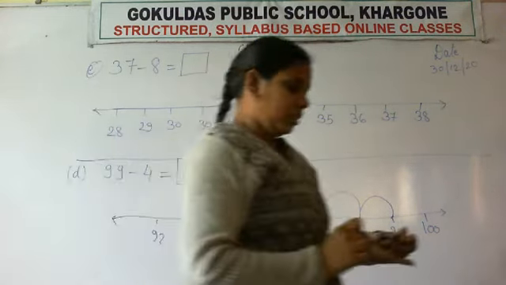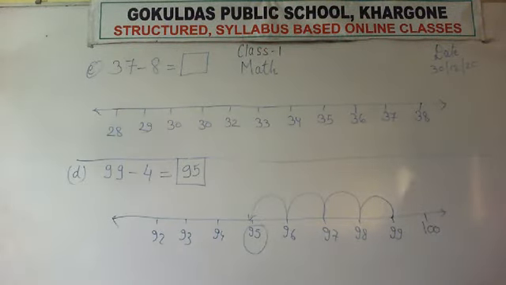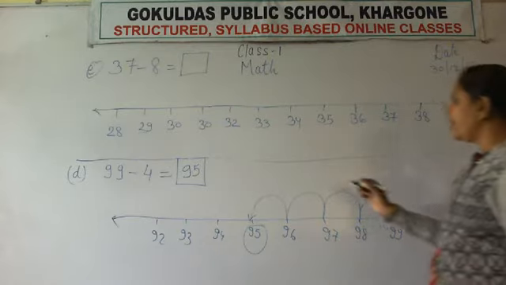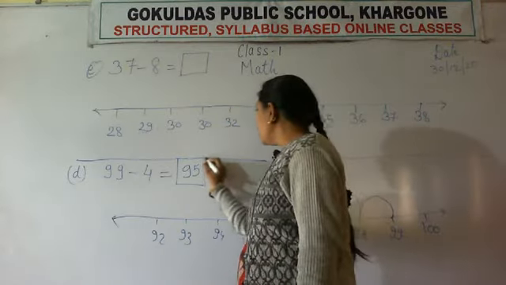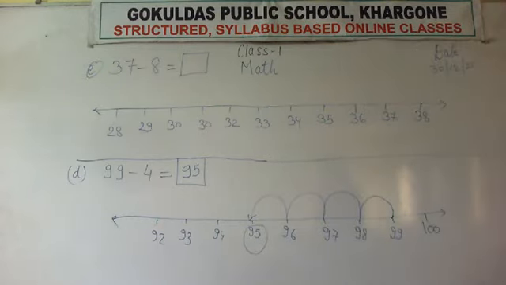Okay. Make a number line and write the numbers from 38 in reverse order till 28. Fast, and use a scale while you are drawing a number line.